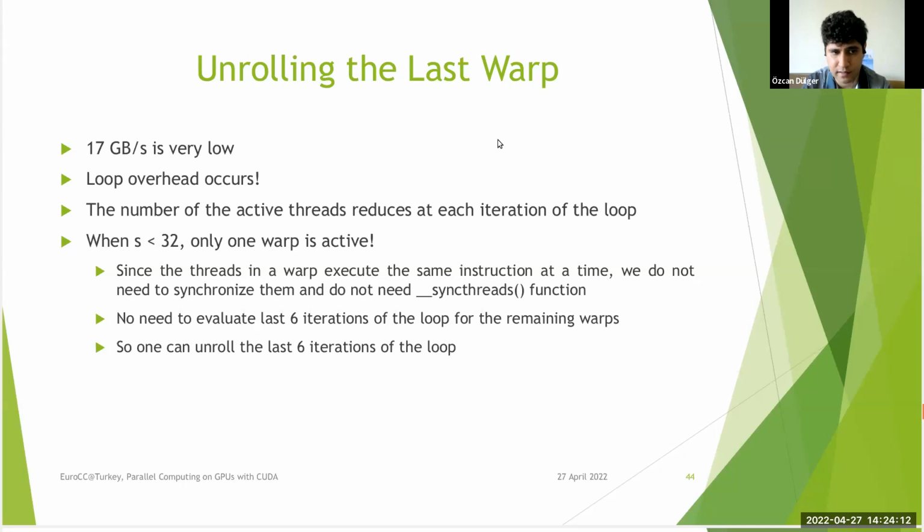When stride s is smaller than 32, only one warp is active.